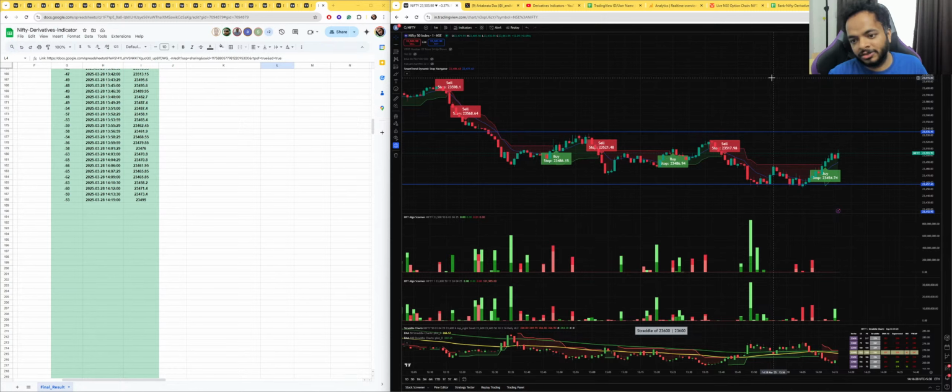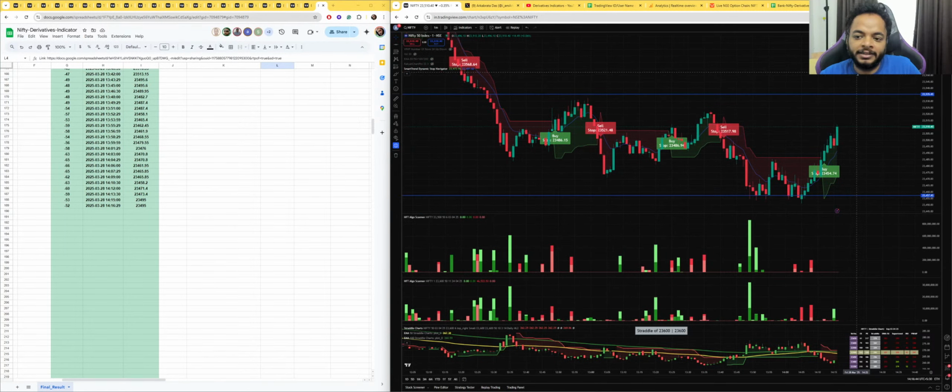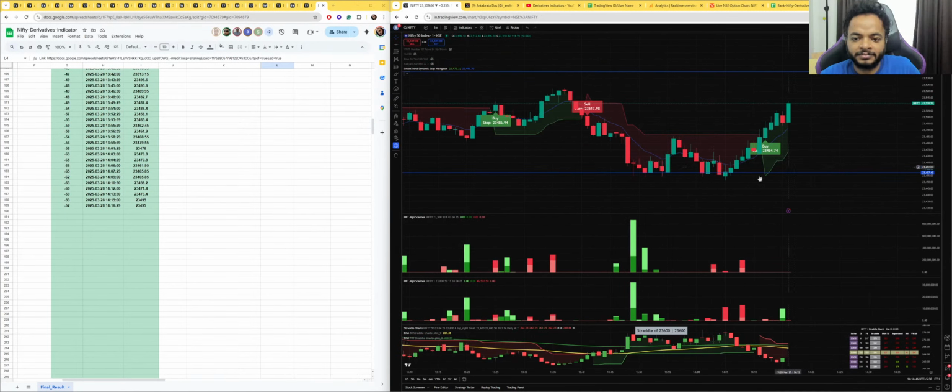Again, you see that our AI money flow is still not recovering. It's still in the deep negative zone. But if I had bought here, let's zoom in, here I saw 97 crore of put writing happen.